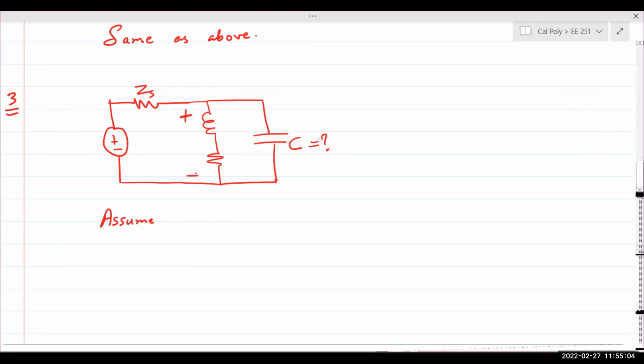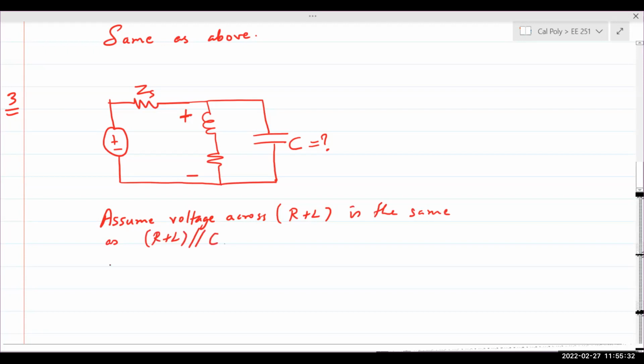And so by assuming that, you can assume that the voltage across R plus L is the same as R plus L in parallel with C.